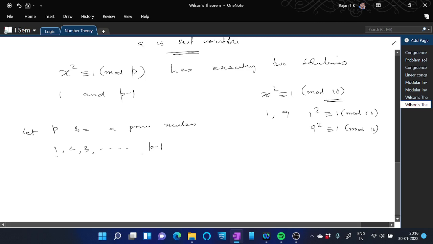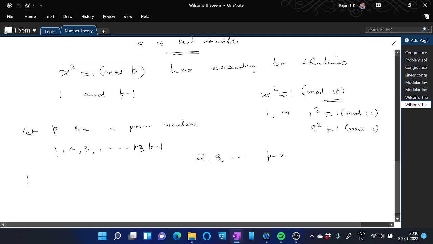That is true for any integer, and for a prime number also it is true. And the remaining residues, that is 2, 3 up to p minus 2, can be paired such that in each pair, each is the inverse of the other.